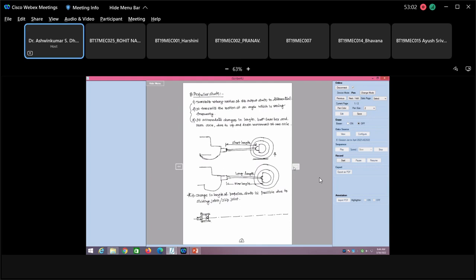Now you may have slip joint here, then this is connected to the propeller shaft.